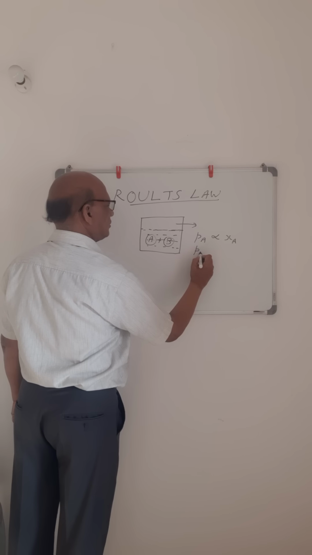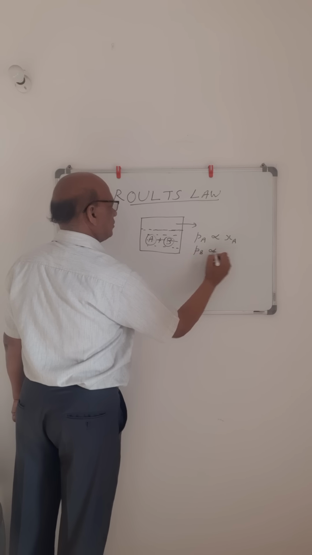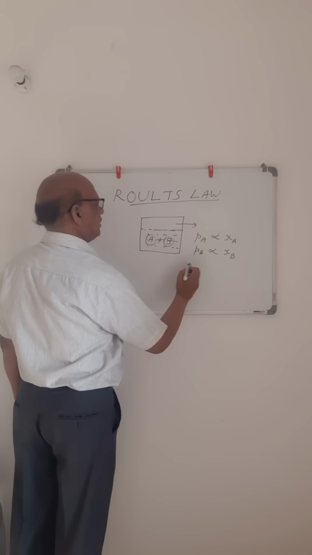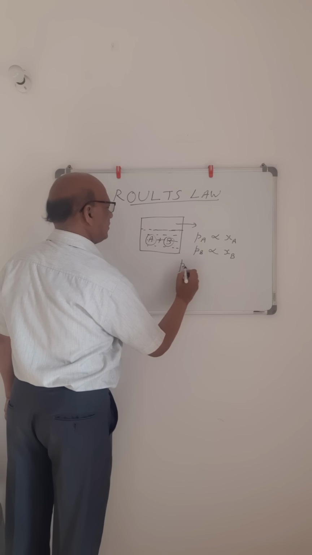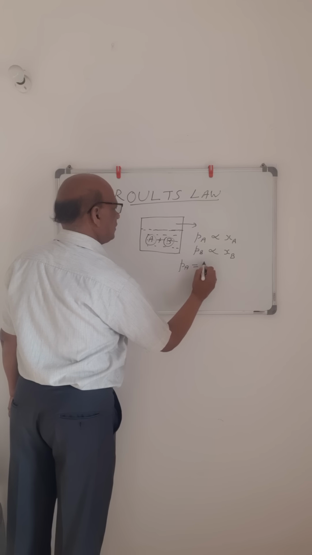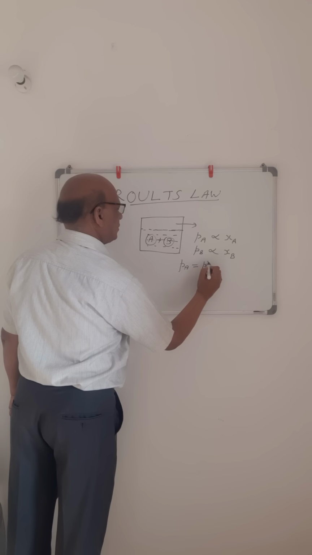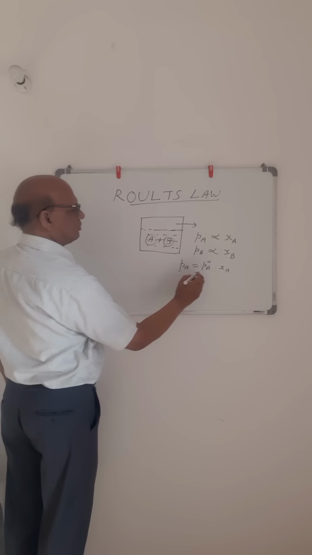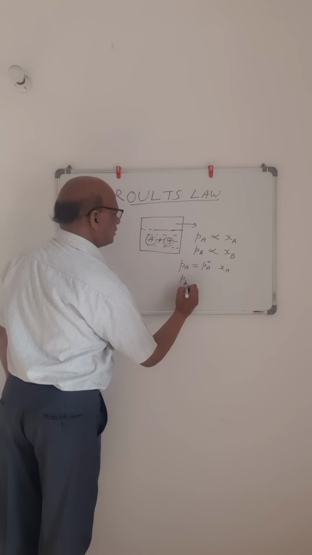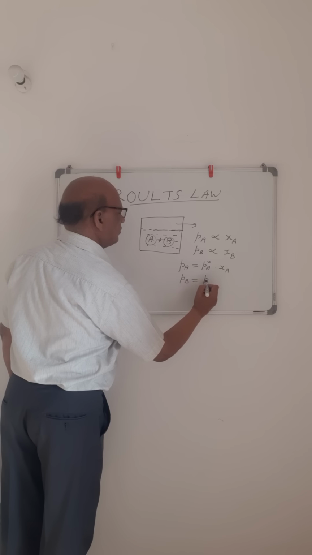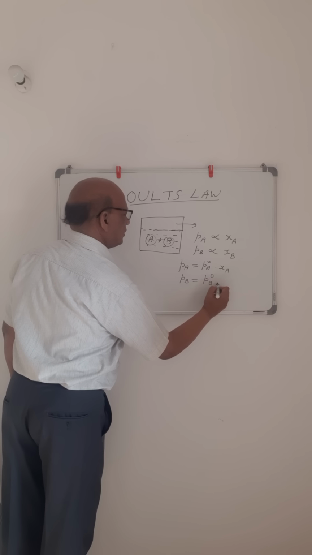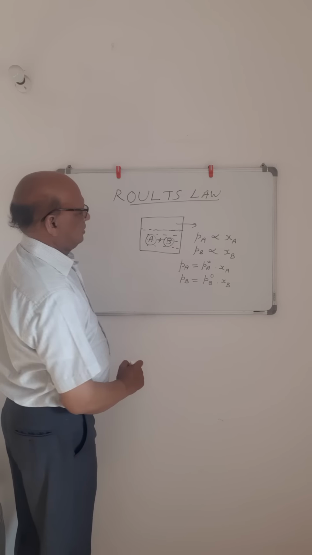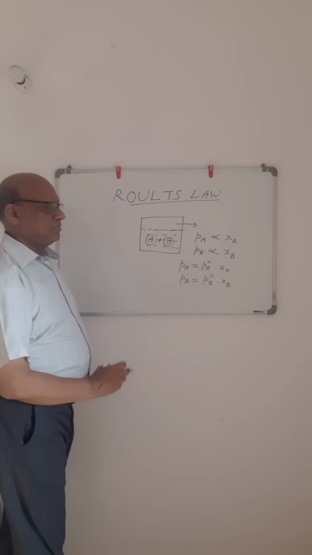Similarly, the partial pressure of B is proportional to its mole fraction in the liquid, that is XB. And we can say that partial pressure PA equals PA naught into XA, where PA naught is the vapor pressure of pure A, and partial pressure of B is equal to PB naught into XB, where PB naught is the vapor pressure of pure B.